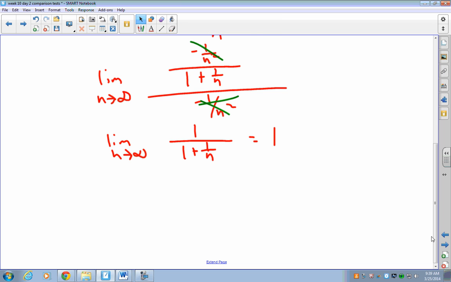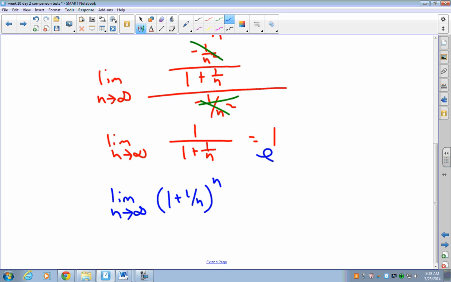Okay, now that's in the ln world. So to get out of the ln world, I need to exponentiate it. So the original was 1 plus 1 over n to the n, and I was asking what does that go to? It goes to e. And so it diverges by the divergence test, because it doesn't go to 0.